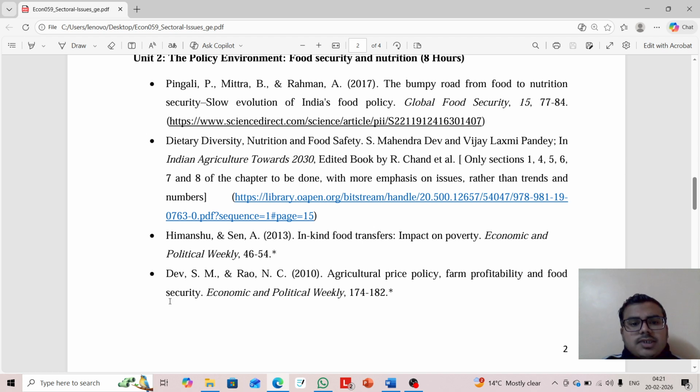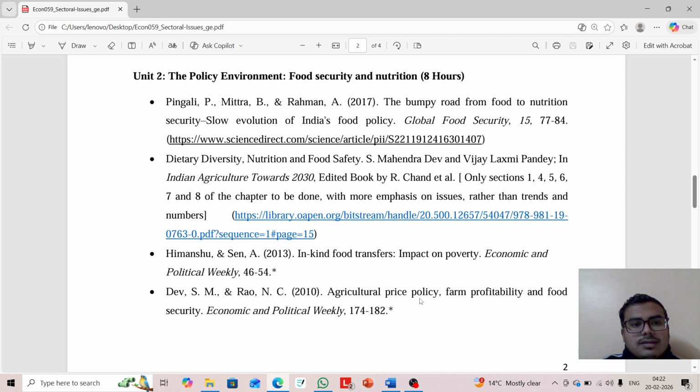And the suggested material is the one which is marked start over here. Okay. So we mainly study in Unit 2 about the policy environment based on food security and nutrition in India.